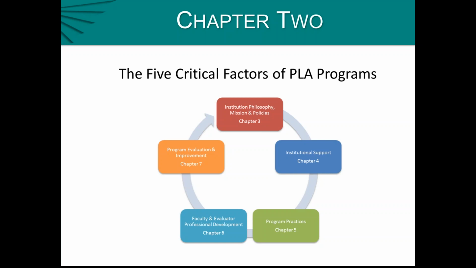Basically, with the 5 critical factors, what we need to look at for an institution is that the philosophy, mission, and policies are in line, that there is institutional support, and that those philosophies, missions, policies, and institutional support really are in alignment with the program practices, the ways in which students are actually able to use the PLA credits towards their degrees.